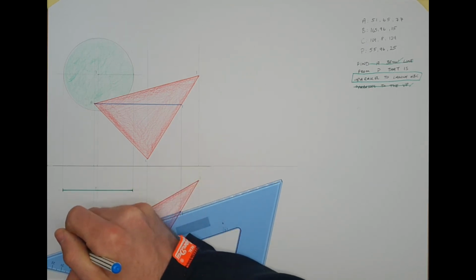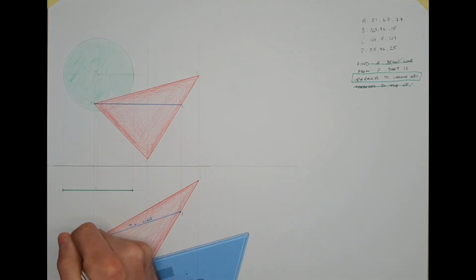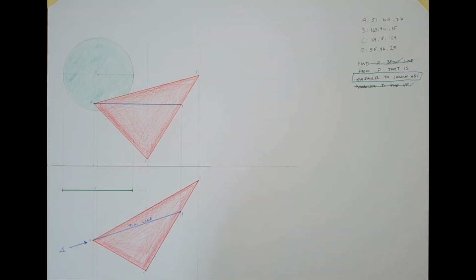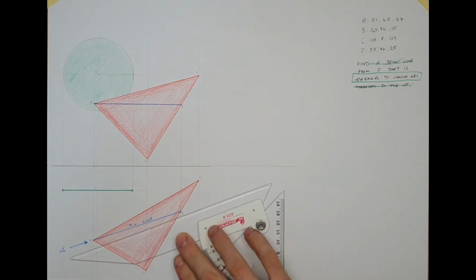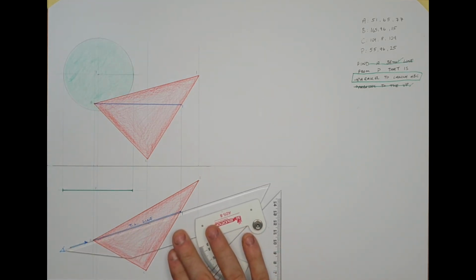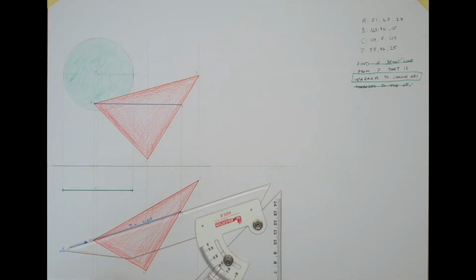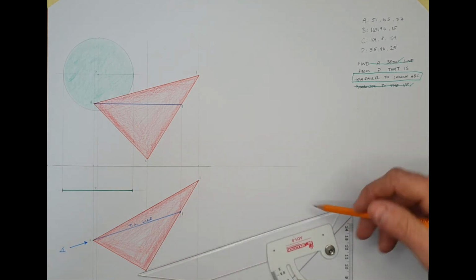There's a true length line, and we're going to view up along that true length line. So that gives me a viewing direction. Go ahead and set my adjustable in line with that blue true length line. And project.